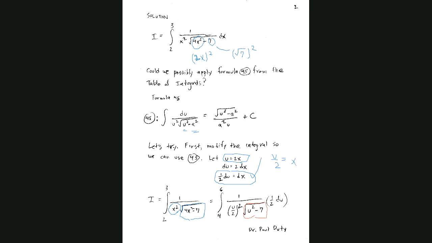And so I replace x with u over 2. And that gets me the u over 2 squared. Now I notice here I left out a dx, didn't I? I left out my dx. The dx has to be replaced as well, but dx is 1/2 du.